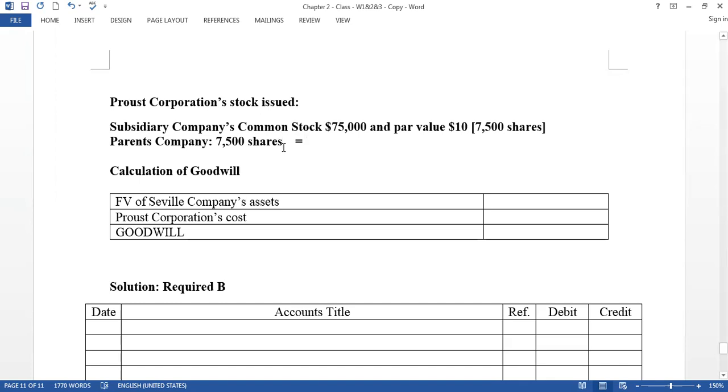Half, right? Very good. That means divide by 2, right? So this is 3,000 something, right? Yes, so this is 3,750. So 3,750 shares I am going to sacrifice, right? The parent company is going to give you these shares.